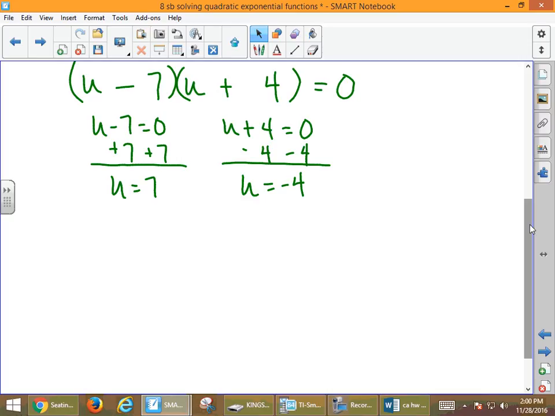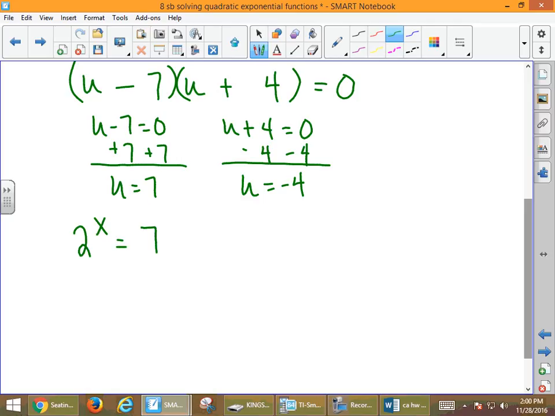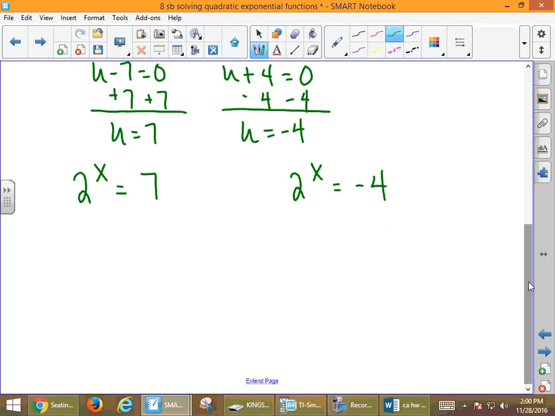And remember that in this case, our u is really 2 to the x equals 7. And over here, it's going to be 2 to the x equals negative 4. So we need to use our techniques from solving our functions where we can put in a log on both sides.